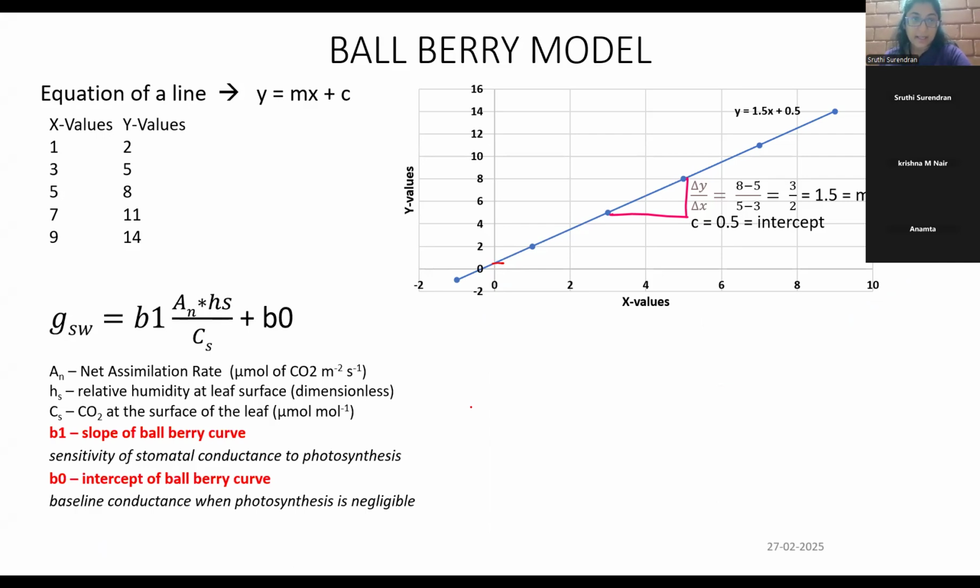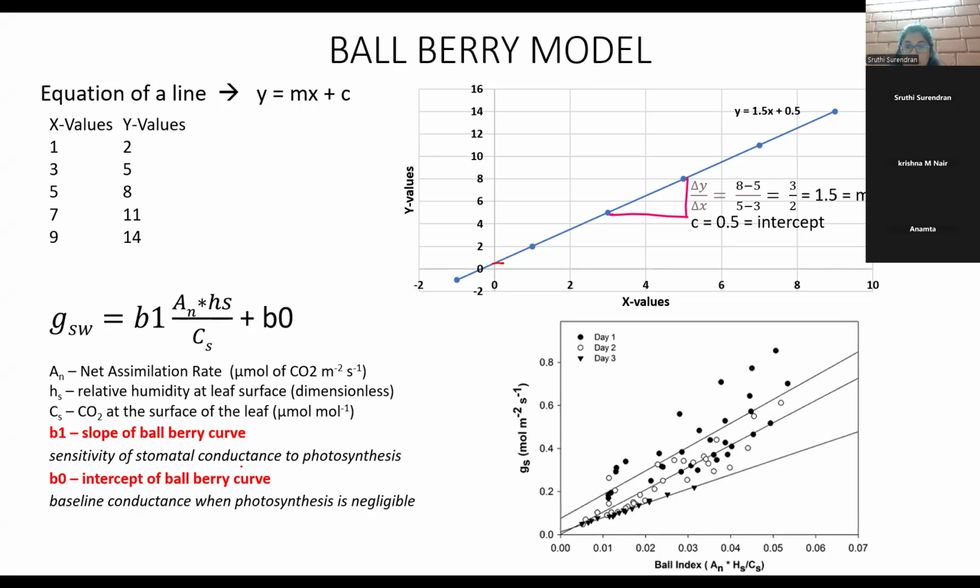In the same way, when we use this interpretation for the Ball-Berry model, the intercept value is the baseline conductance. From this graph, we know that gs is the y-axis value and the Ball-Berry index is the x-axis value. So the y-axis value when the x-axis is 0 means when photosynthesis is 0.